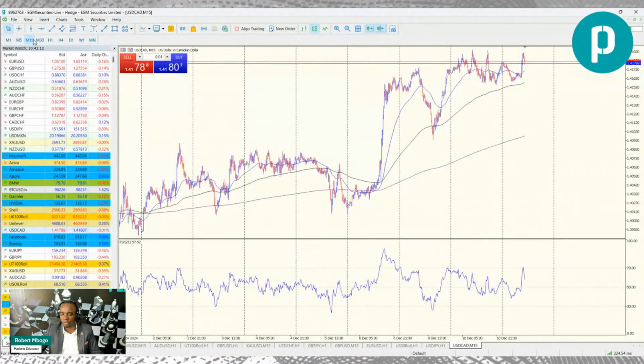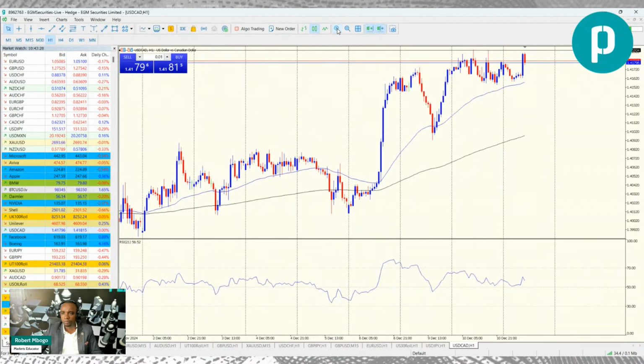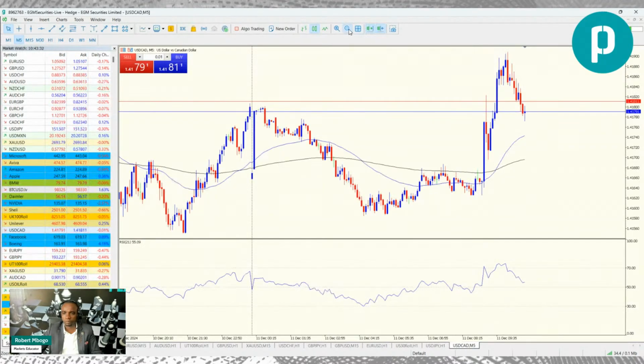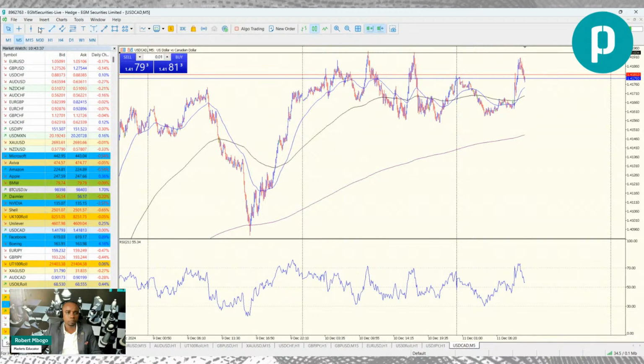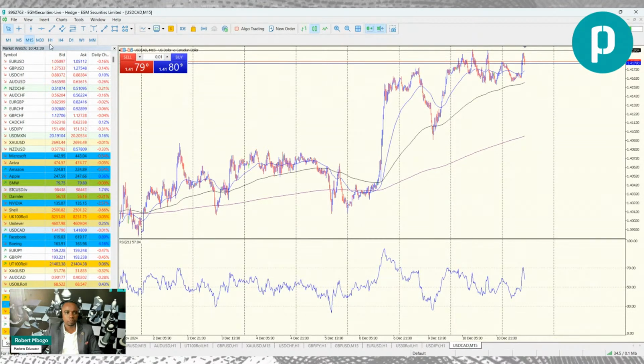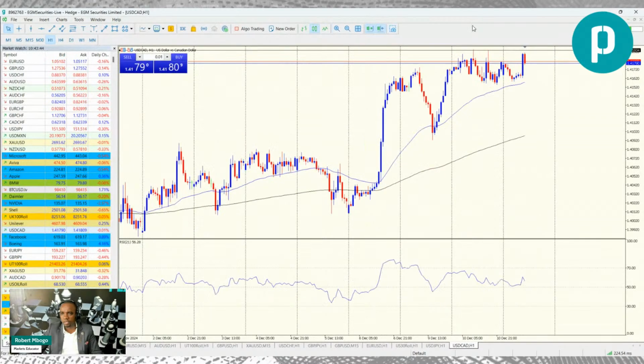That's the question. So if I were to look for opportunities on USD CAD, I'll probably be looking at a test of this high, yesterday's high.